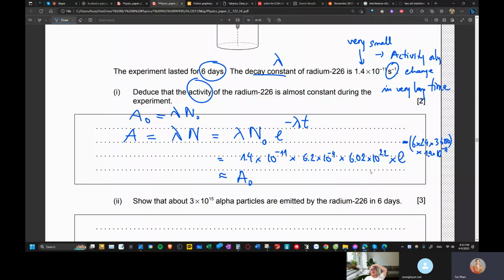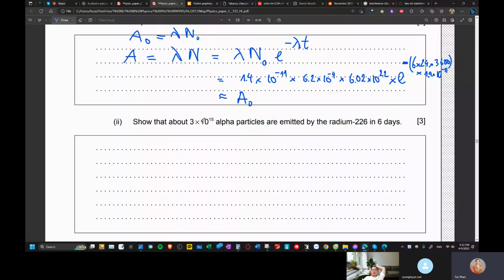Okay, so that's a lot of calculation. This is the method. That is the amount of alpha particles emitted by the radium in 6 days. That amount is calculated by the initial amount of particles minus the remaining particles: N0, and the remaining is N0 times e to the power of minus lambda t. Therefore I can put the common factor here: N0 times 1 minus e to the power of minus lambda t.